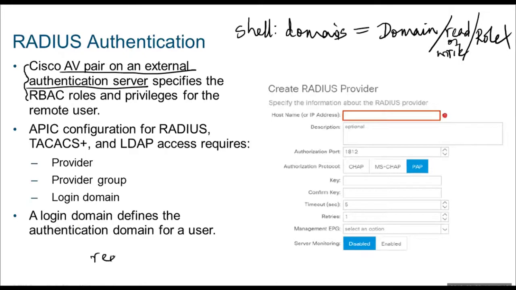You get to specify, it could be radius, or the realm could be LDAP, or the realm could be TACACS. And then once you choose the realm, you choose the provider group. So if you choose radius, you should pick the providers who have been grouped together. You can create what's called a provider group.